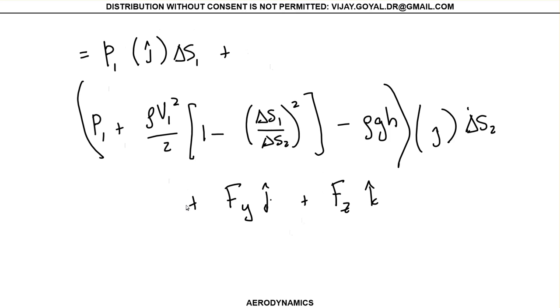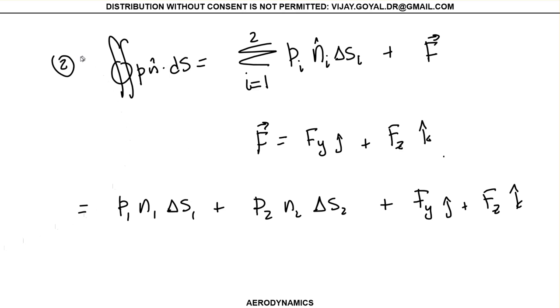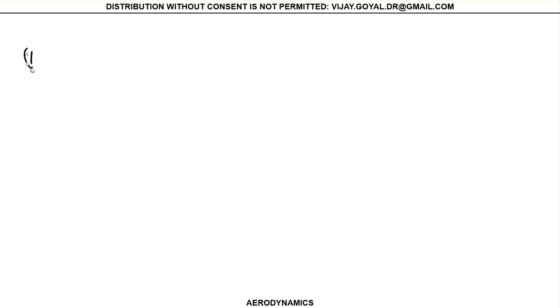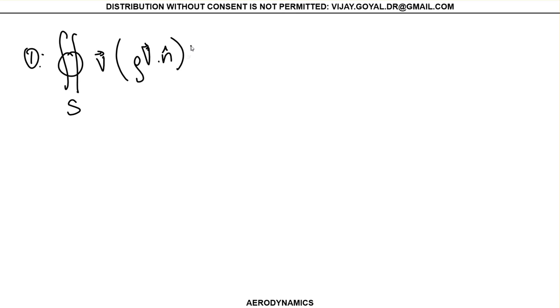Now all we have to do is, we got number 2 and number 3. Let's do number 1 now. Expression number 1 is also over the enclosed area of S: the velocity times the dot product with the unit vector.